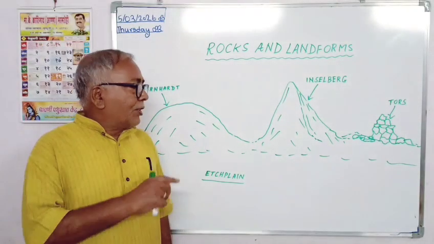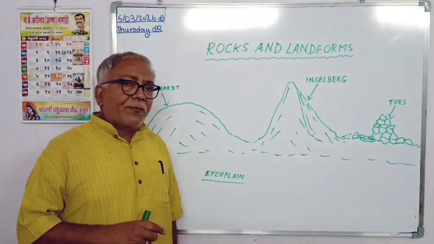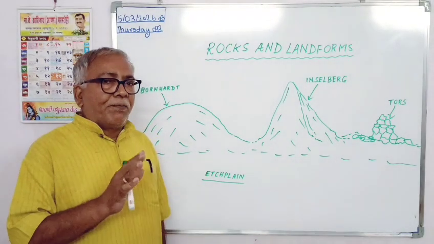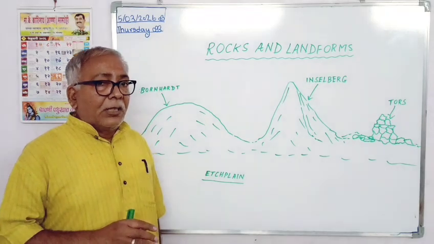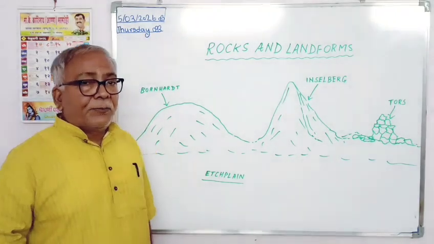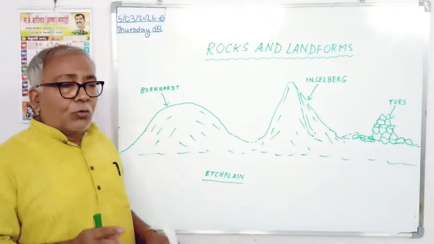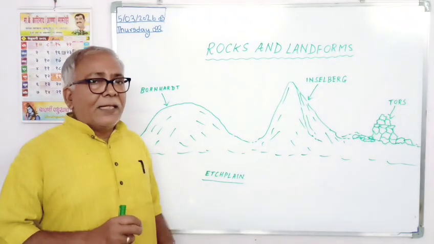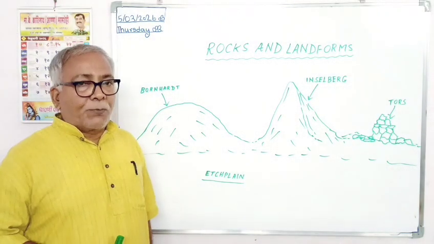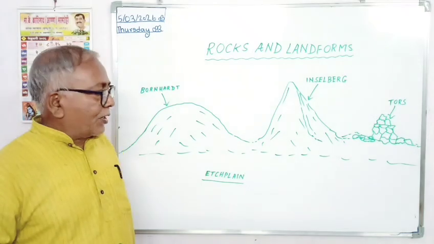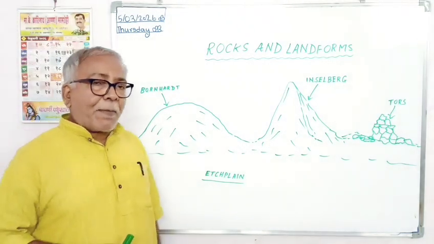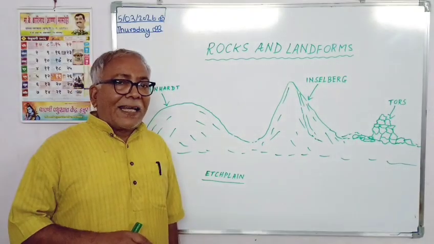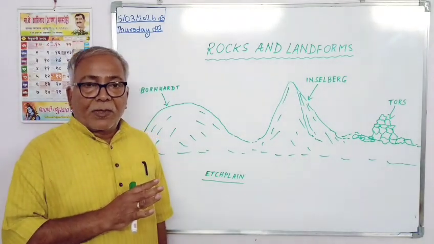Because this is an indicator of the landforms, and it also indicates the paleo-environment by which the land evolved through a deep core weathering process initially, and then the marine erosion and transportation processes took place in that area. So it is termed as the etchplain formation.